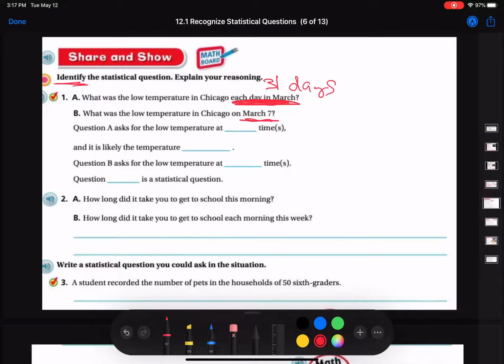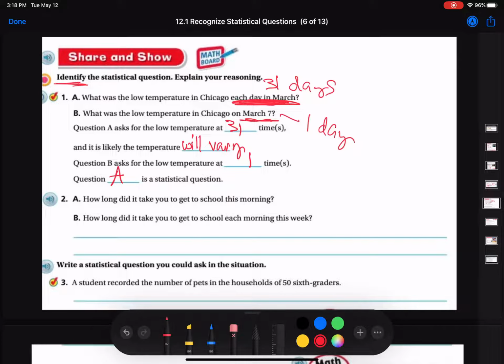So this is only 1 day. Question A asks for the low temperature at 31 times, and it is likely the temperature will vary. Question B asks for the low temperature at 1 time. Question A is your statistical question because you're having to look at 31 days worth of data as opposed to just 1 day.